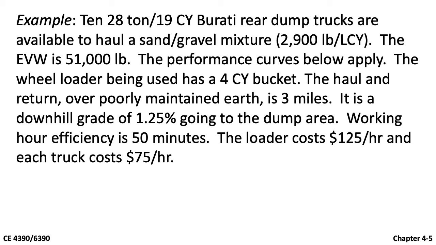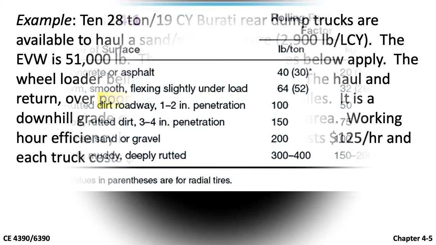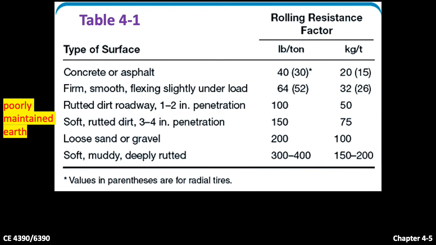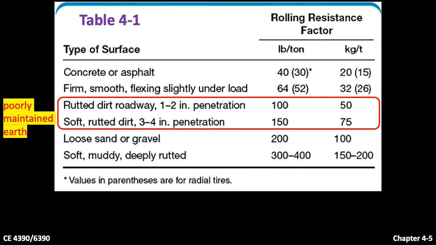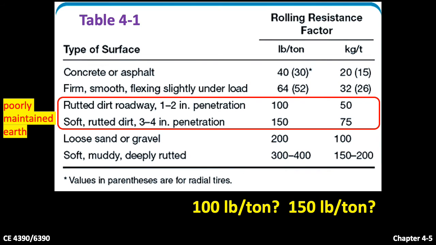In this example, the trucks travel over poorly maintained earth, so you look up the dirt surface in this table. These two are closest to our hauling condition, so let's use the average of the rolling resistance factors for these two conditions. It is 125 pounds per ton.